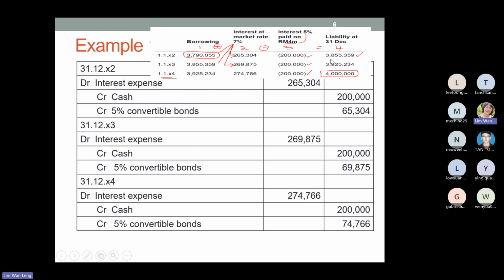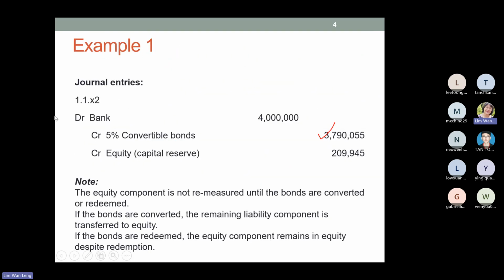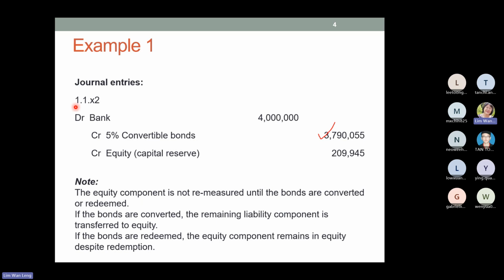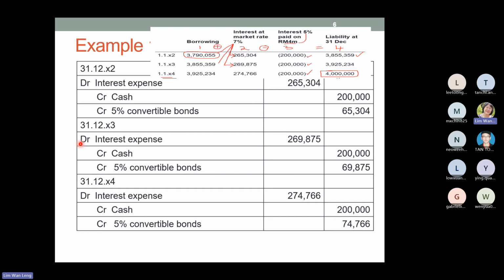Then we get the liability to go to the statement of financial position at the end of each respective year. At the end of each year, starting 31st December X2, you need to pass in the journal entry, because we have already passed in the entry for the inception on the first day of January. This one we have already done. Now we need to pass in for the end of the first year and the end of the second year.